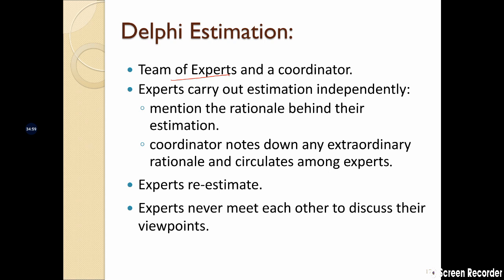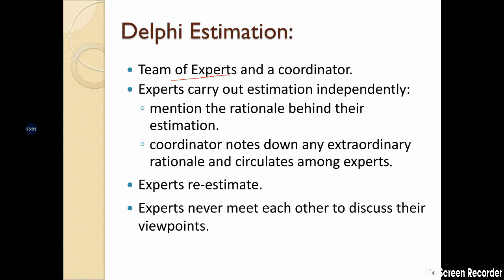The coordinator will coordinate amongst the different experts, but the experts will not be allowed to meet each other and discuss. They carry out independent estimation based on experience and judgment. After that, if they don't match, the coordinator connects with them indirectly, without them talking to each other.